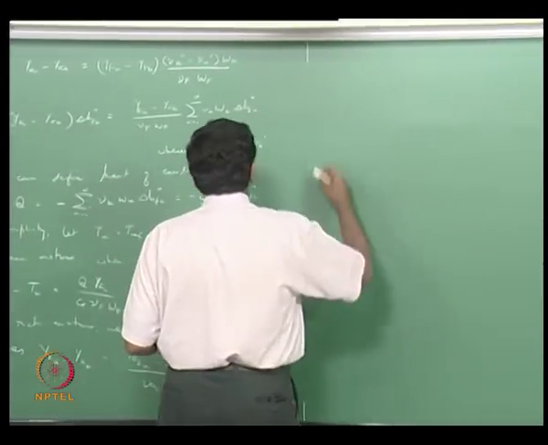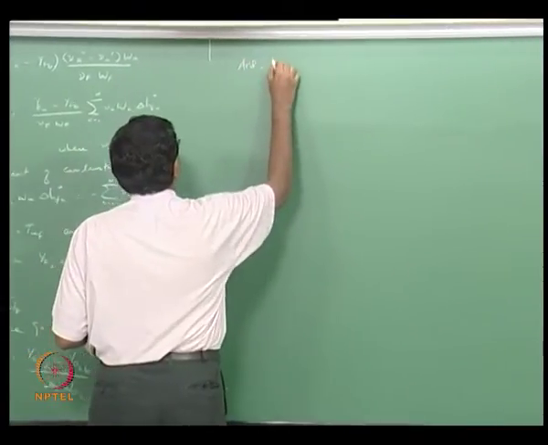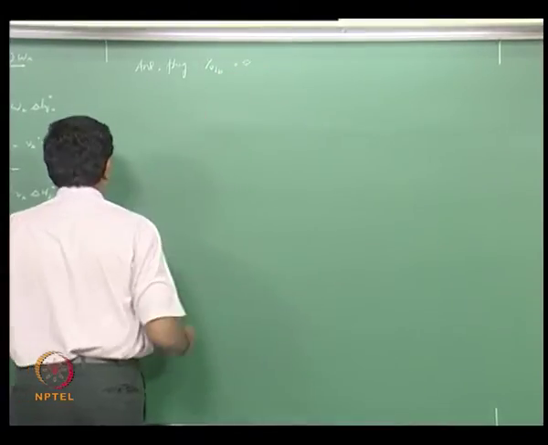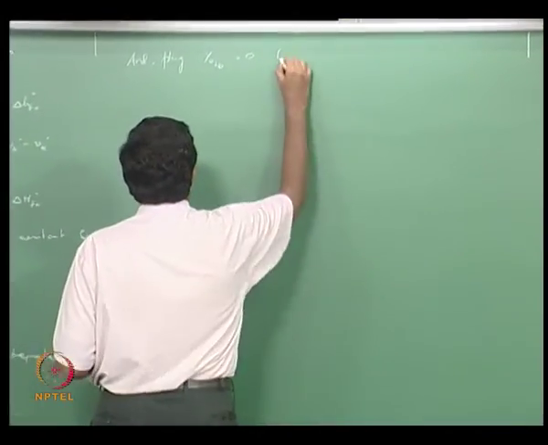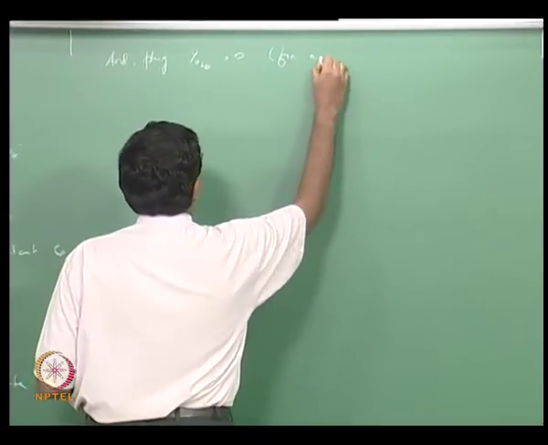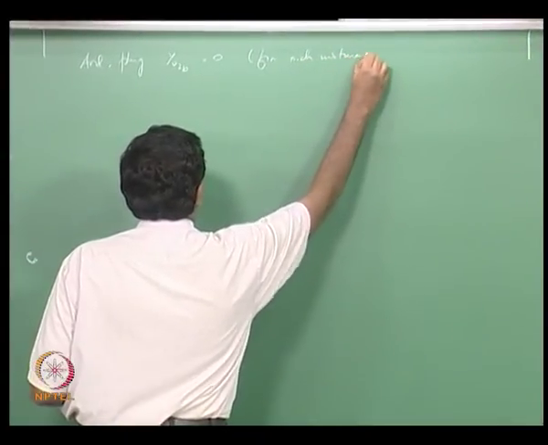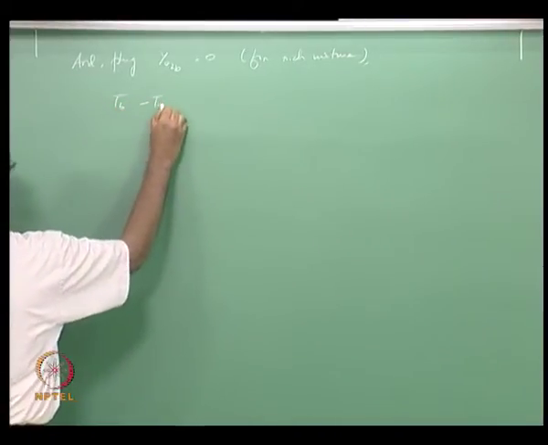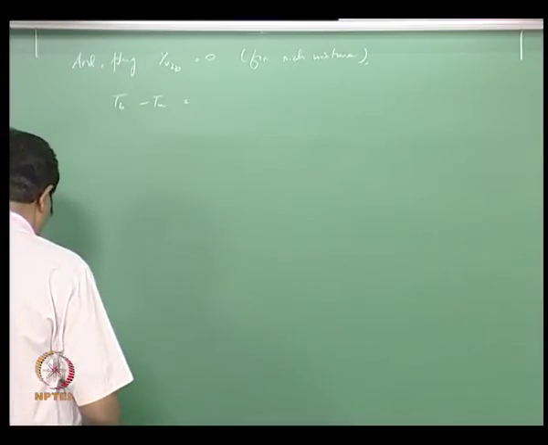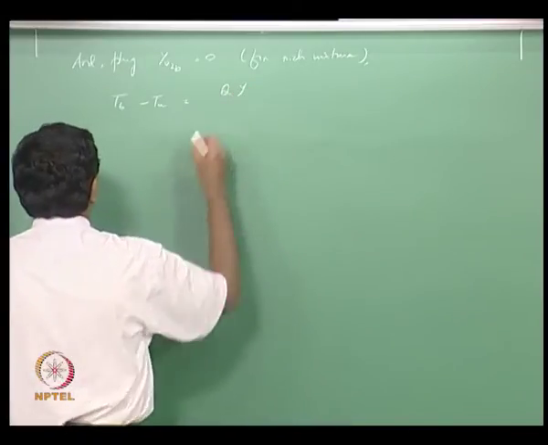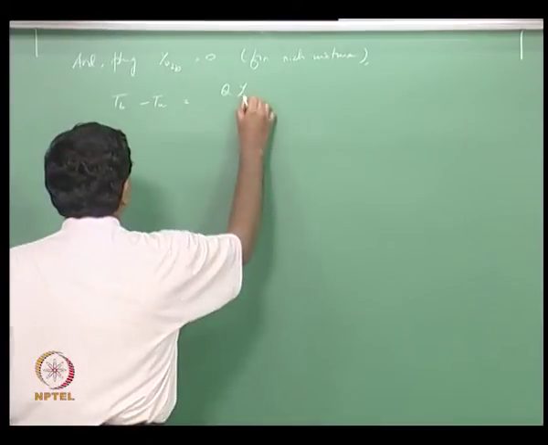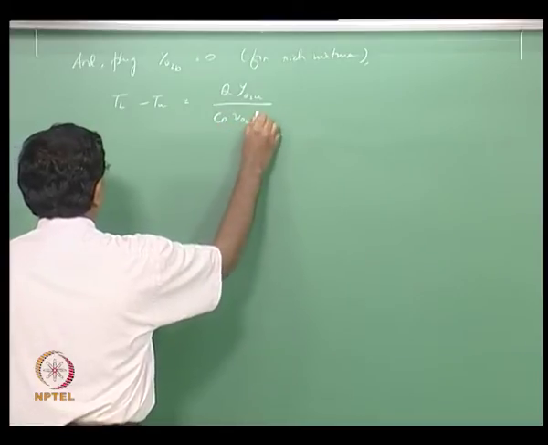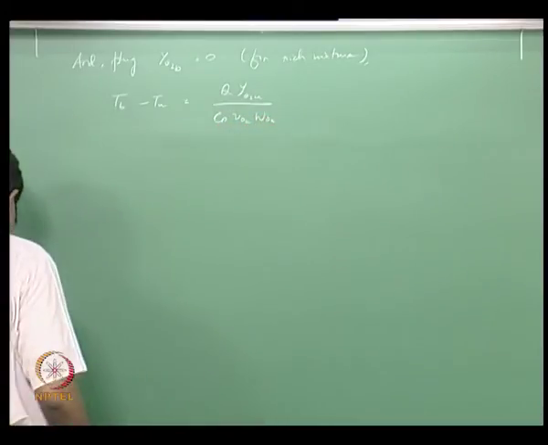So TB minus TU is equal to Q Y_O2,U divided by Cp nu_O2 W_O2.